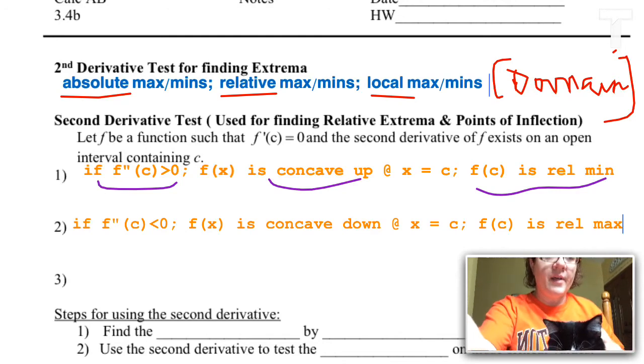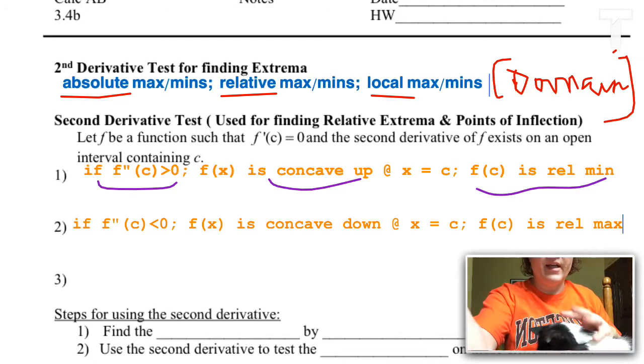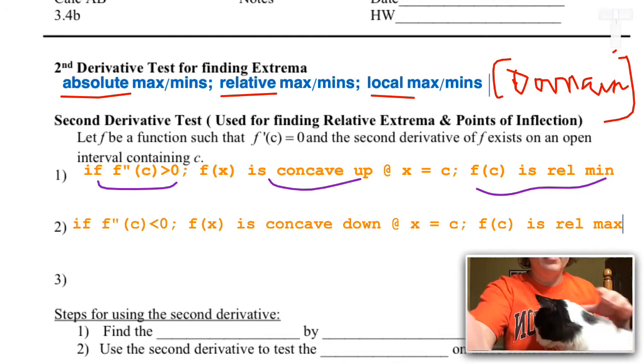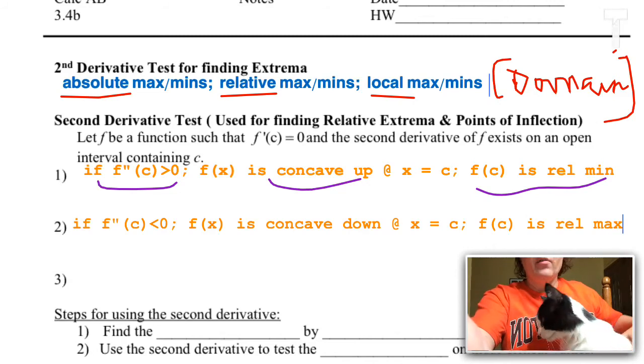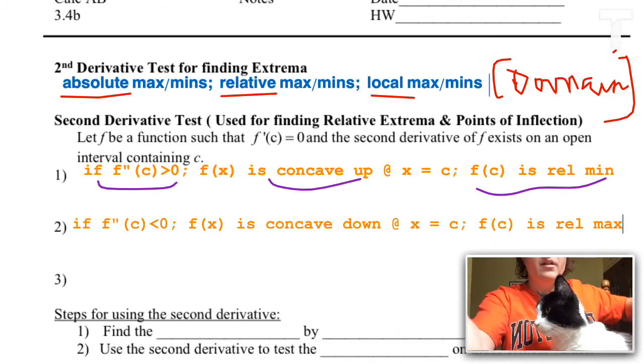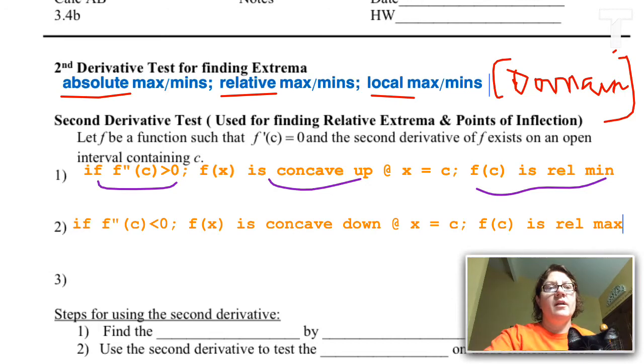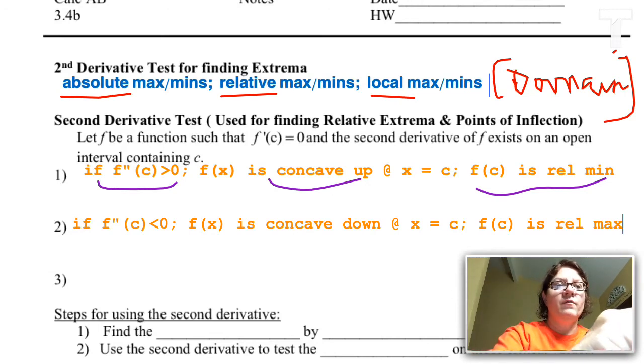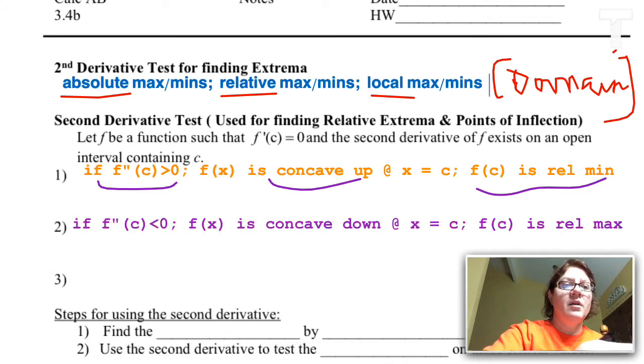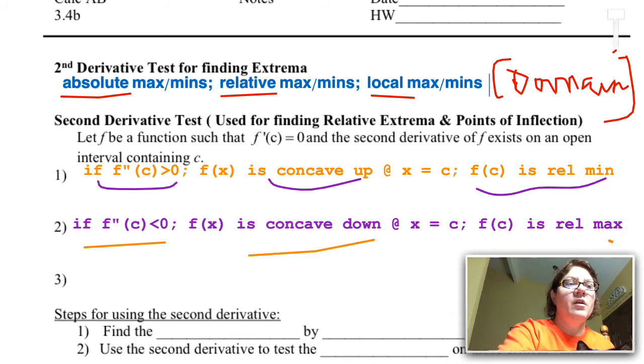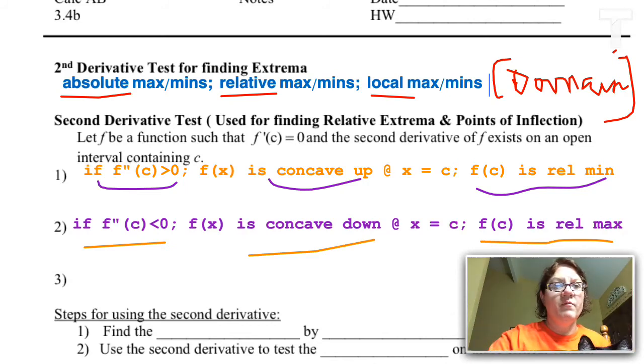And at the same time, if I test my critical point in second derivative and I find out that the second derivative test is now negative, then my original function must be concave down at that point, and therefore my critical point is a relative max.